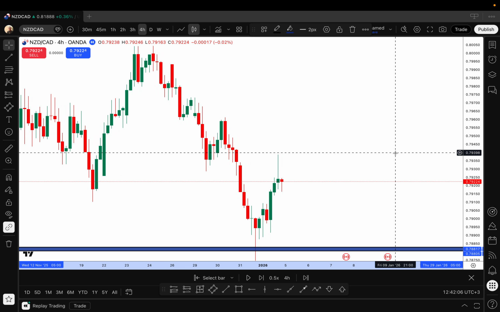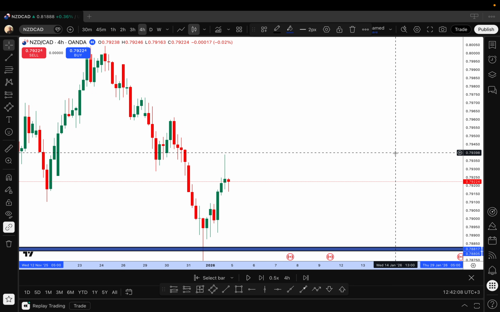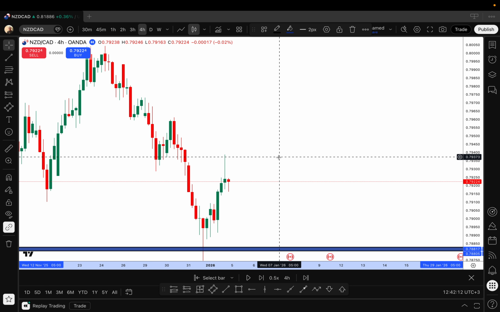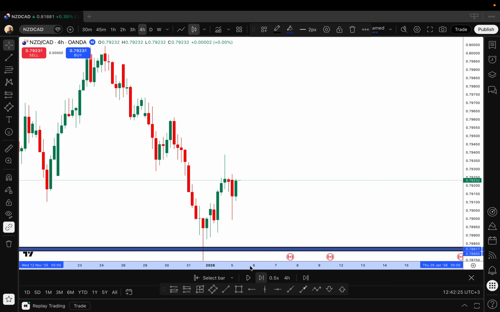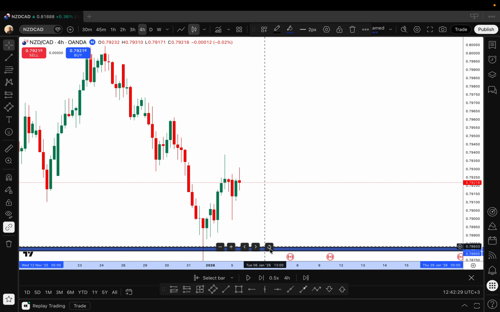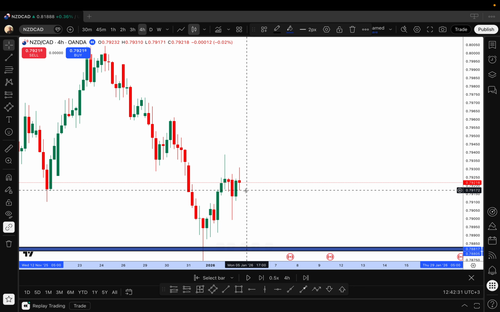So what we want to see is a change of character happen on the 4 hour, then a break of structure on the 4 hour, and then we can look out for the demand zones that led to those things happening. If we don't see that, we shouldn't be entering the market. Good. I'm just going to play price forward. Price comes, and I think we react from this zone, a rally-base-rally, but this is not something I would be interested in.